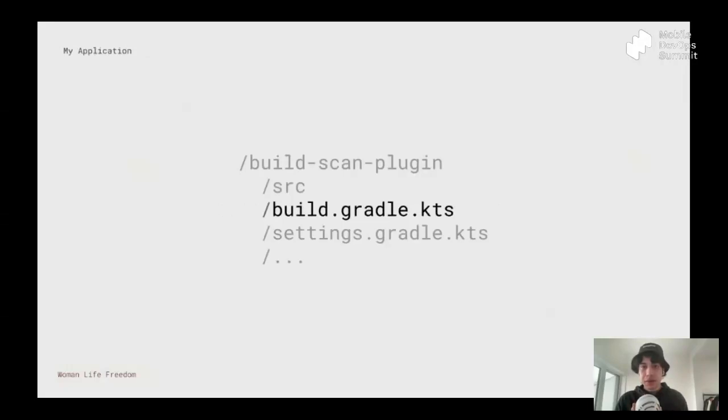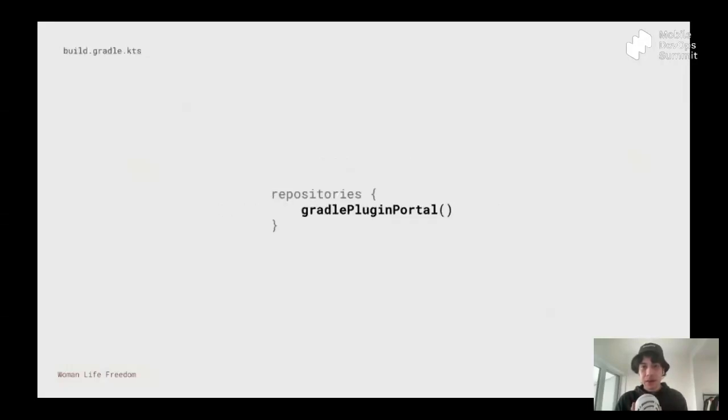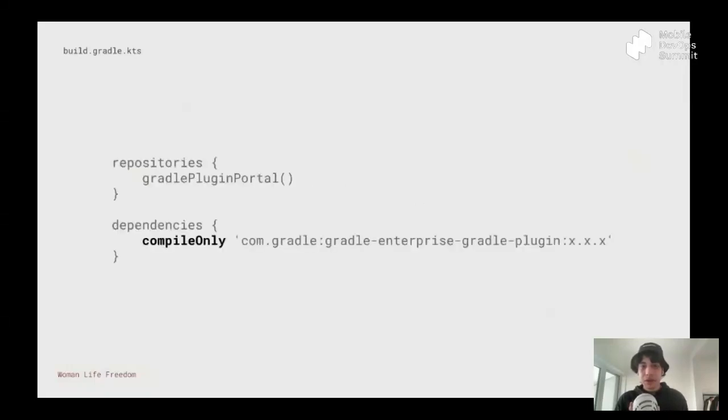And in your build.gradle file, you need this Gradle plugin portal in the repositories block. And you also need to add Gradle Enterprise plugin as a dependency of your plugin. So you would have access to the Gradle Enterprise classes and interfaces in your plugin.